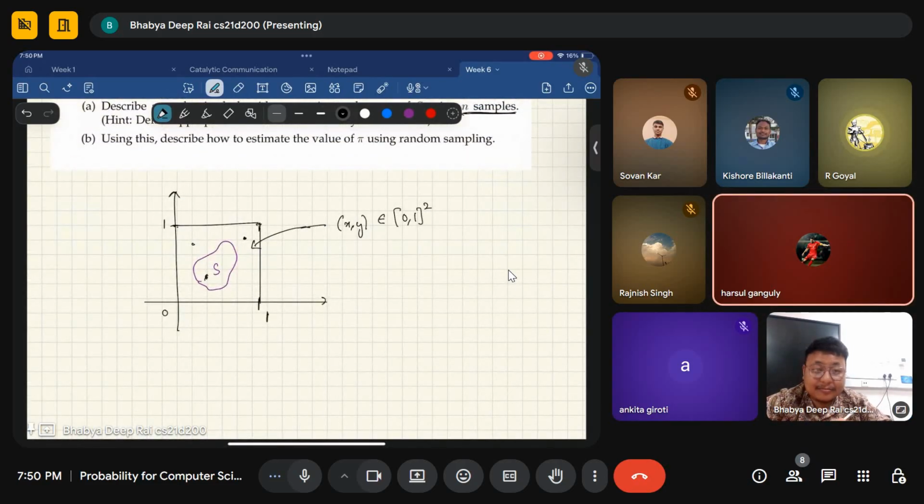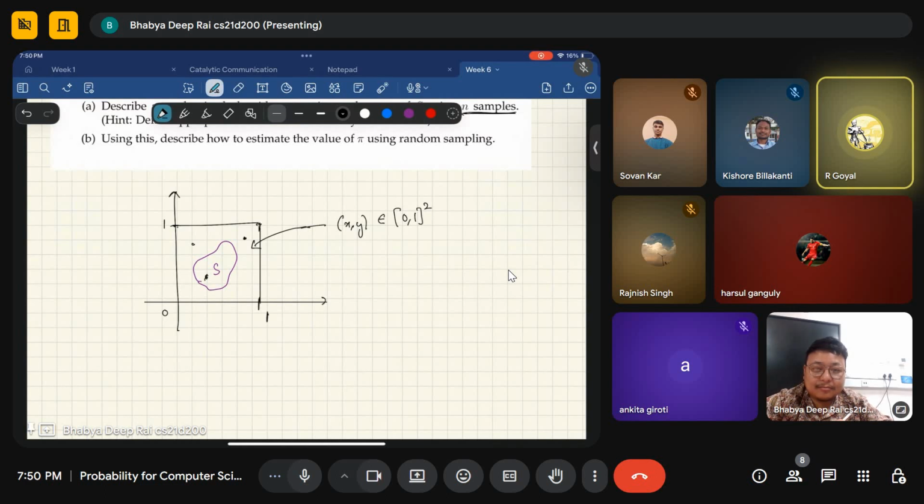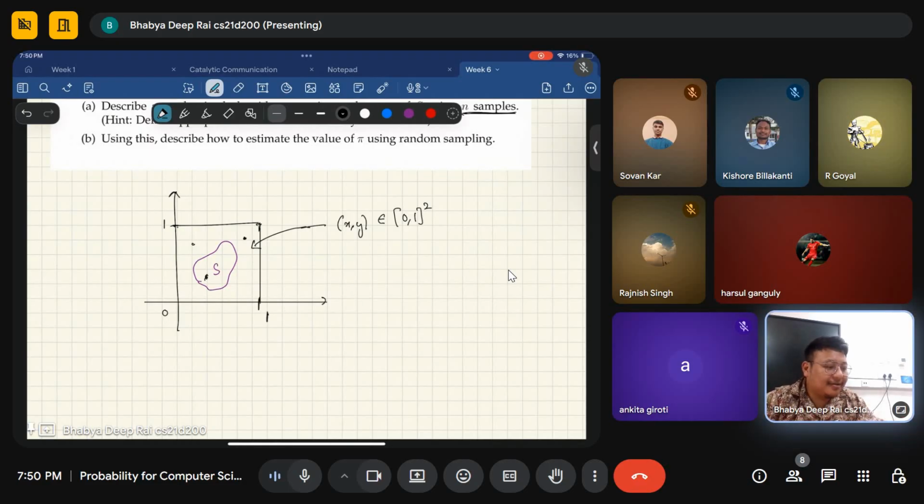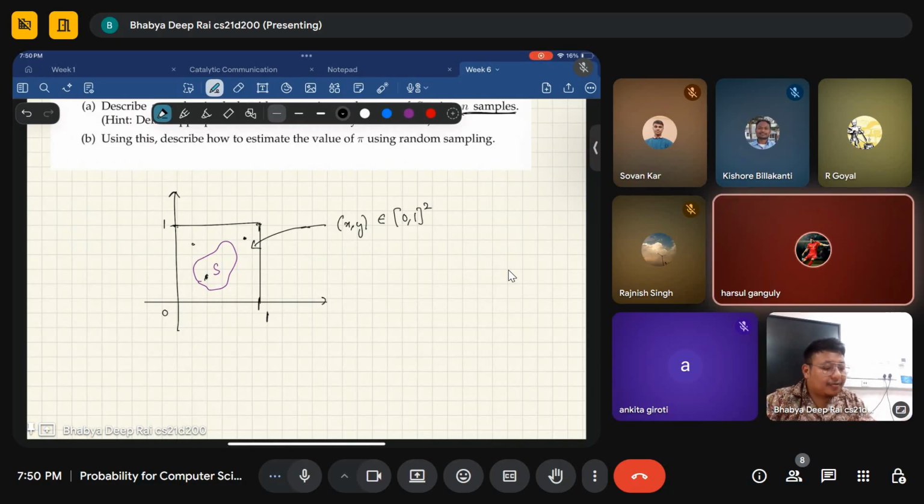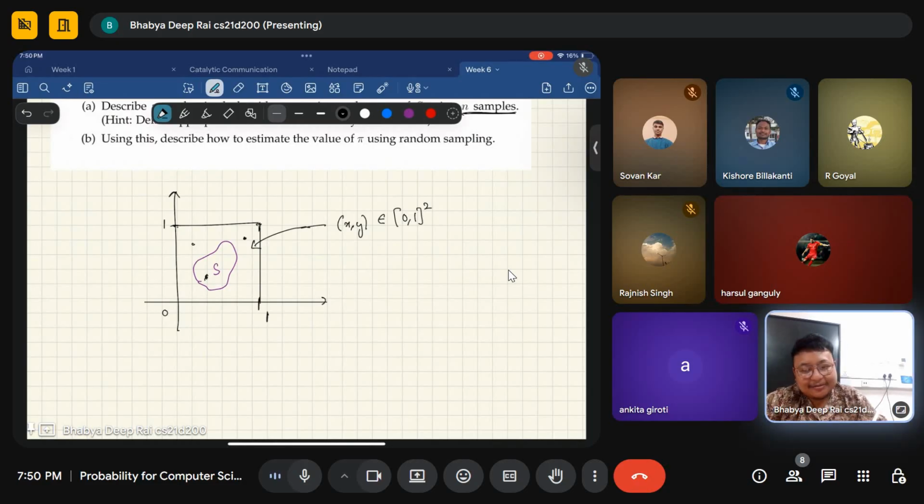Any idea how to do it? The shape of S is irregular and irrelevant, in the sense that you don't already know what the shape is, because then you would know the area.